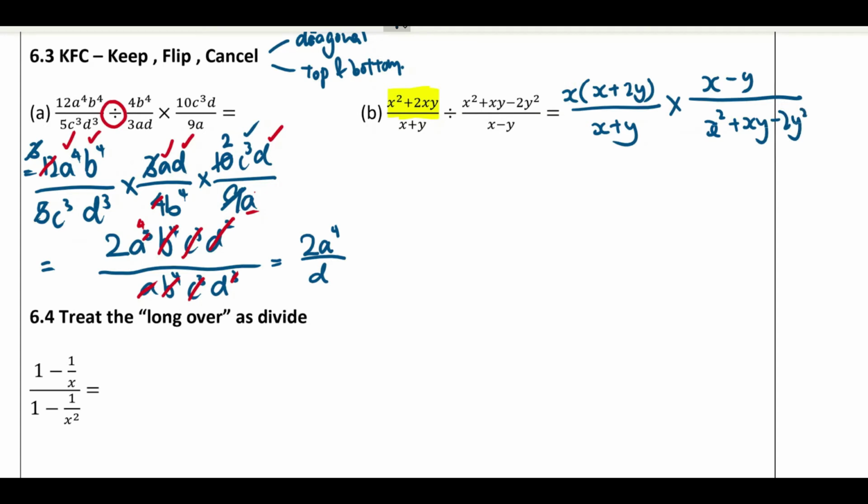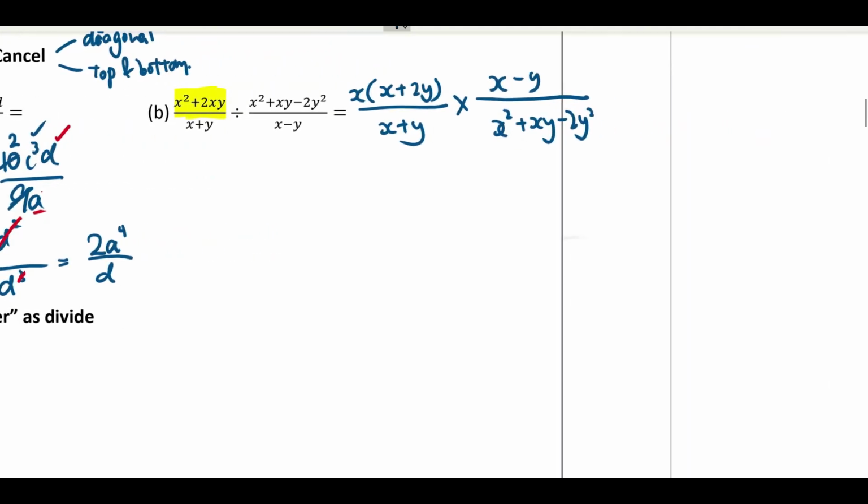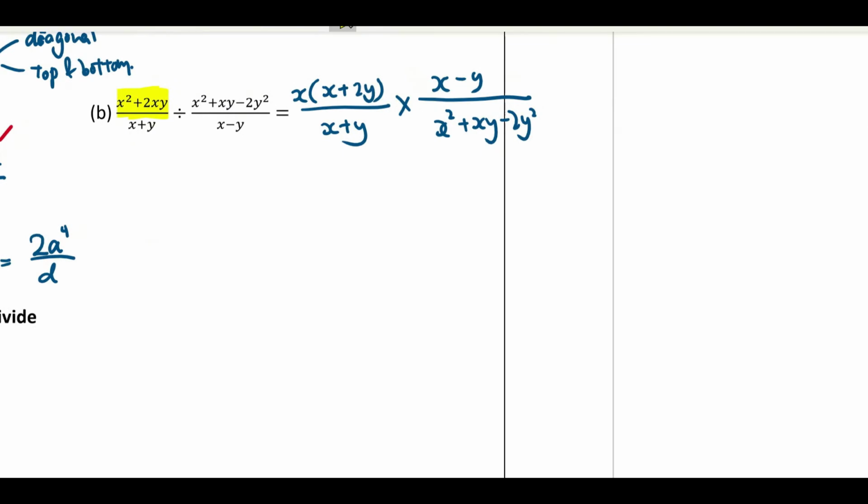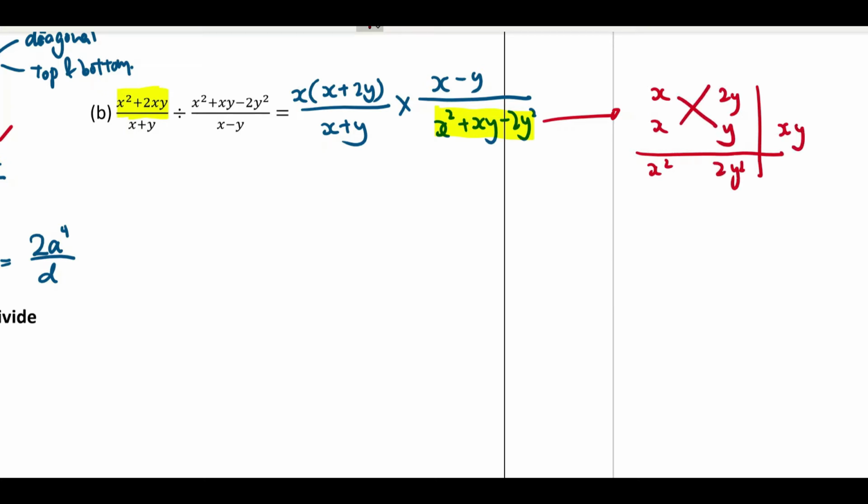Okay, so 2 terms, we do a normal factorization. 3 terms, you need to do a quadratic factorization. x times x, x squared. 2y times y, 2y squared. Your job is to get positive xy in the middle.